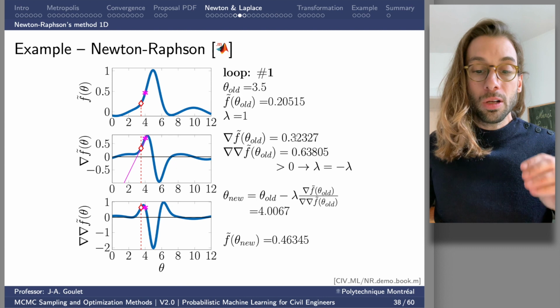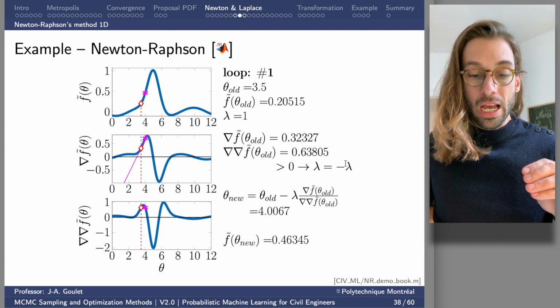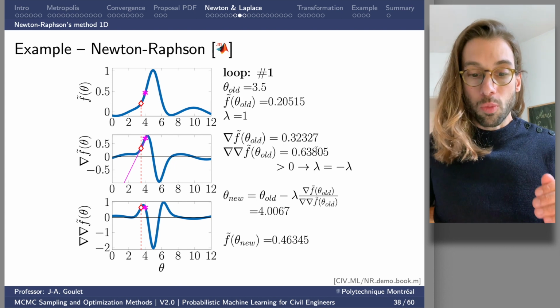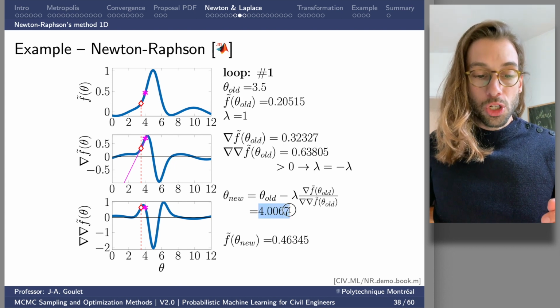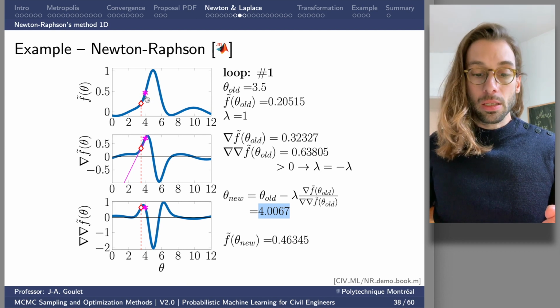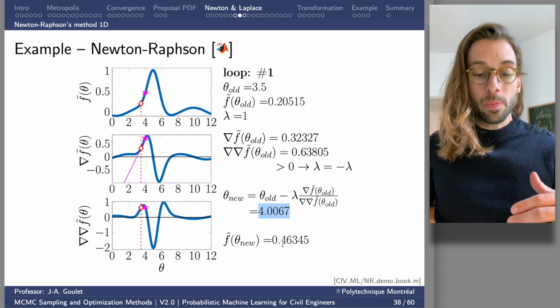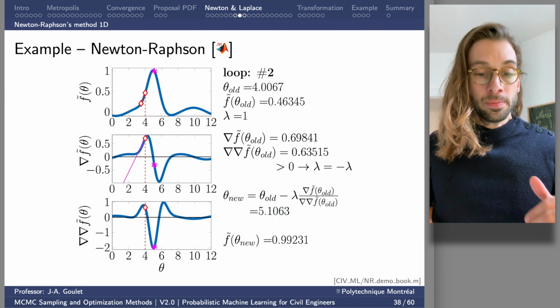So 0.32 divided by 0.63, and I take the negative of it. So minus 0.63. So my new position is going to be 4, the position represented here by my pink star, okay? And if I evaluate my target function at that new location, 0.46.